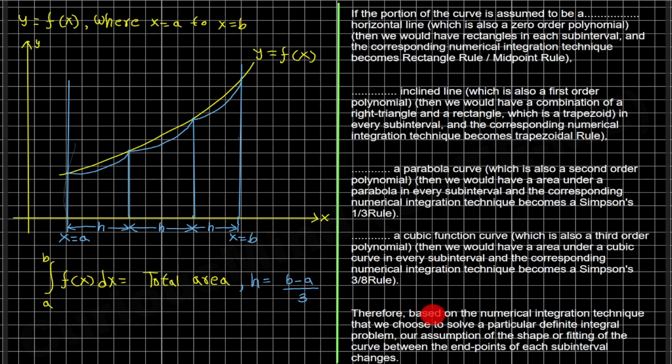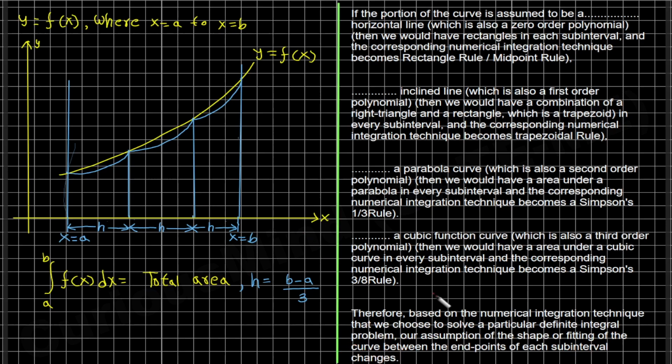Therefore, based on the numerical integration technique that we choose to solve a particular definite integral problem, our assumption of the shape of the fitting curve between the endpoints of each subinterval changes.